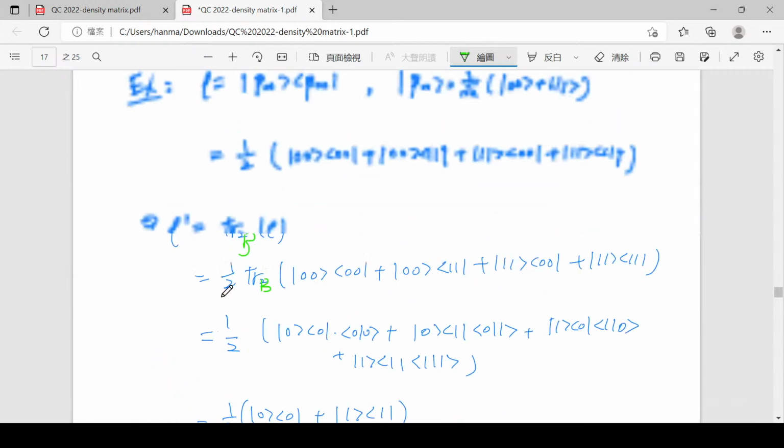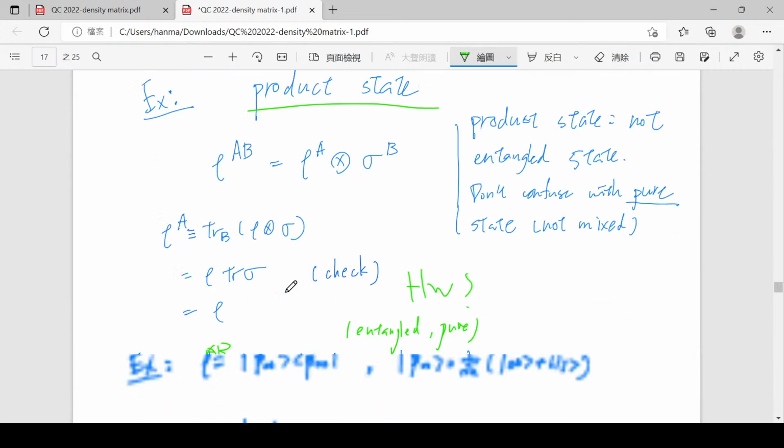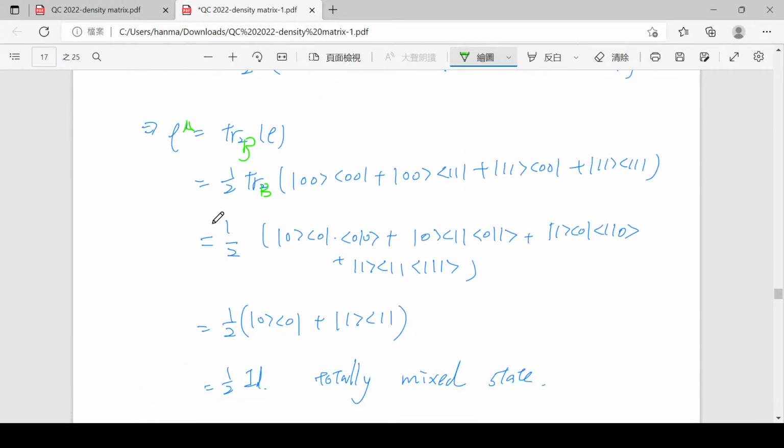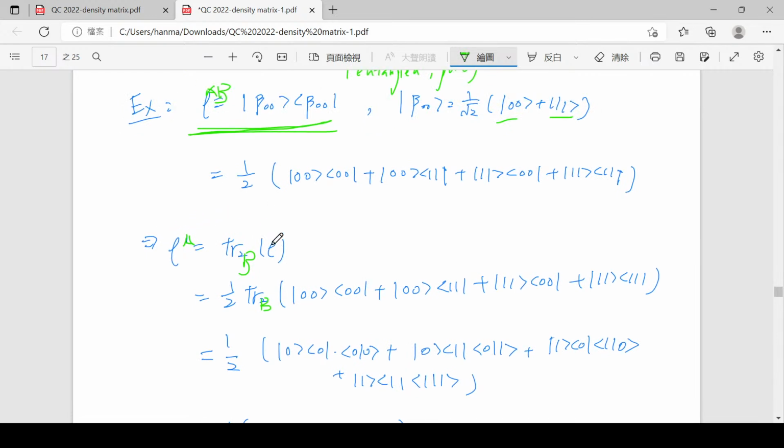Anyway, let's see the partial trace operation. Let's write down everything first. So trace B of this whole thing, and we already use this being bilinear.